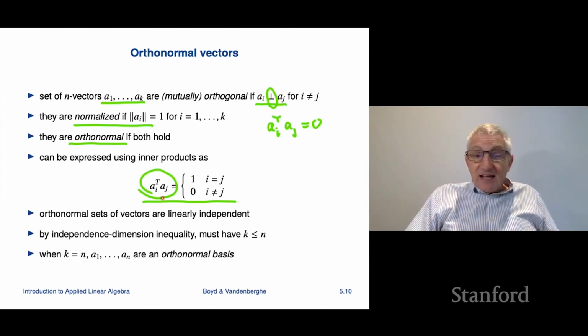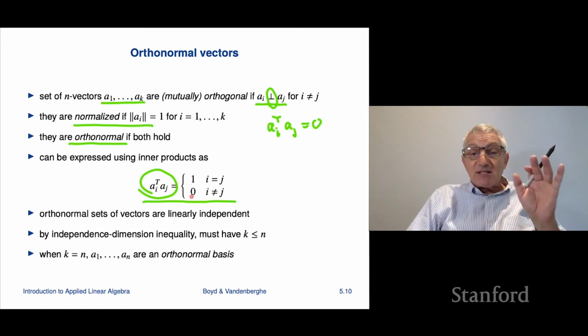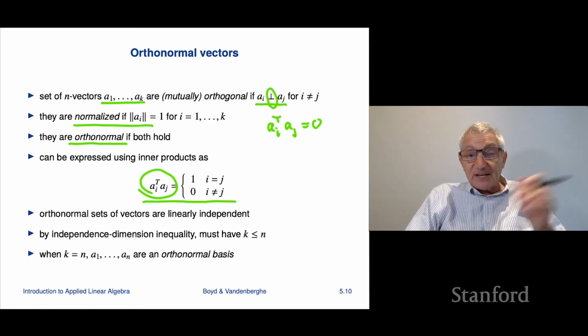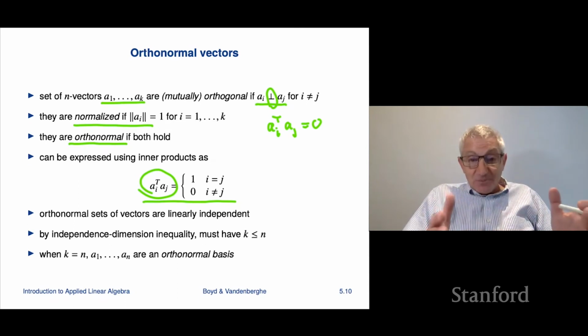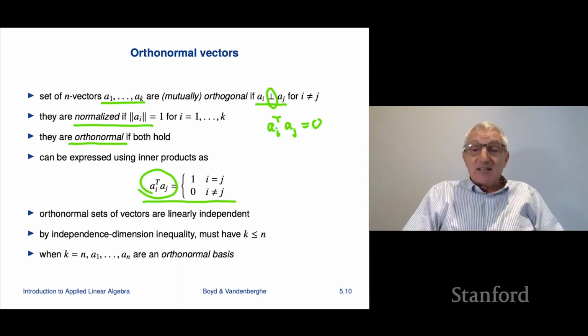On the other hand, if I is not equal to j, the inner product of AI and AJ is 0, and that expresses the fact that they are orthogonal. So it's a way to say that the inner products between the vectors are very specific and simple numbers.